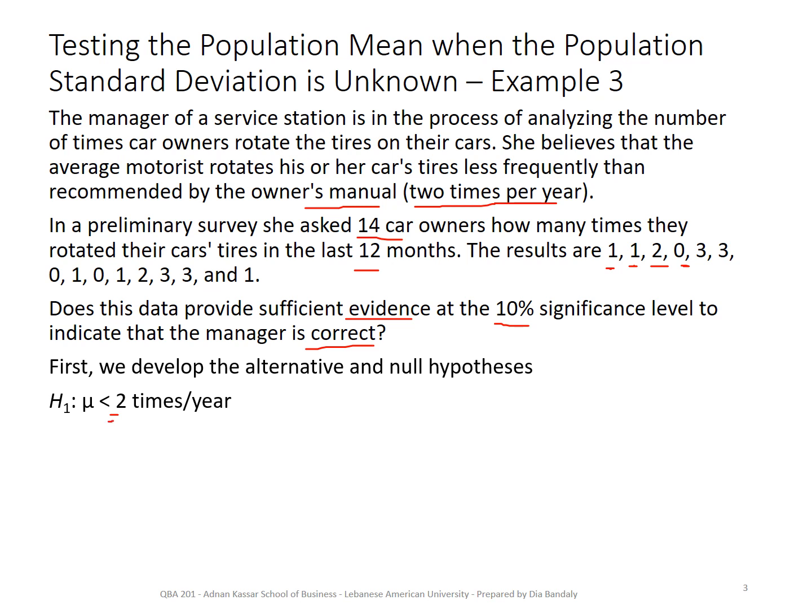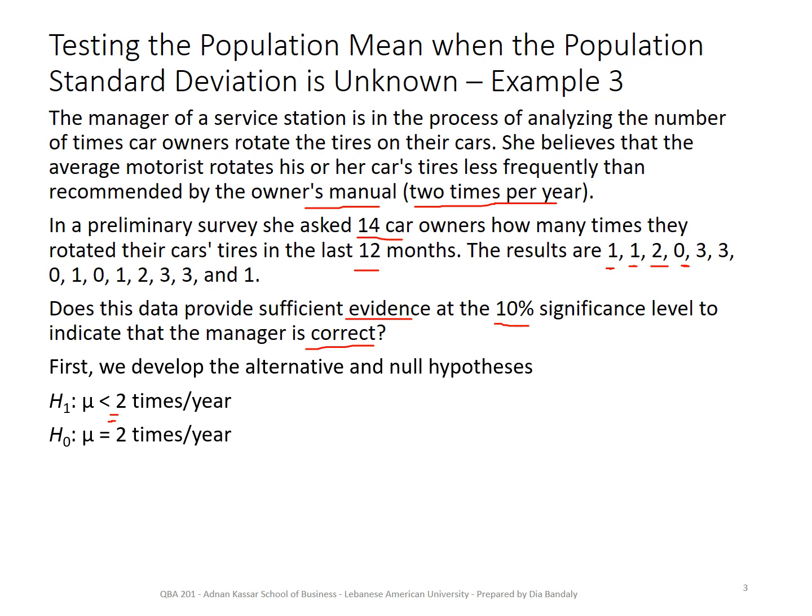Okay, they are not doing it according to the manual. She says that it's less than that. All right. So now we can find our null hypothesis, where everything will be the same except that the sign will be equal. So mu is equal to 2 times per year.